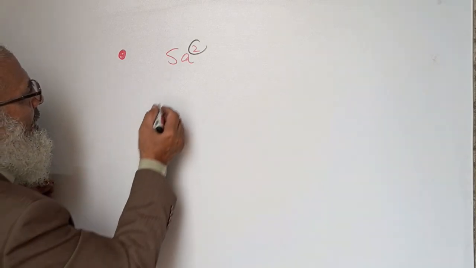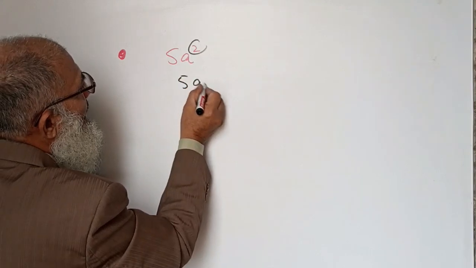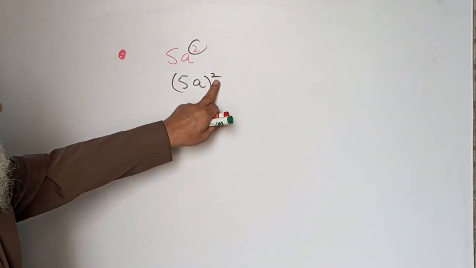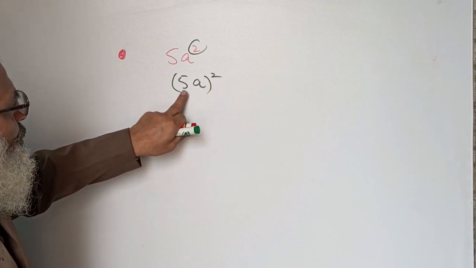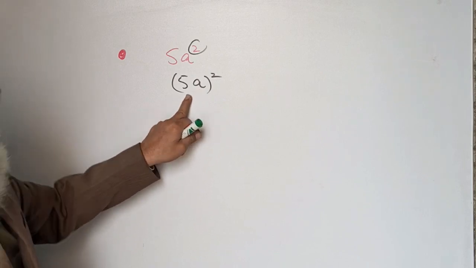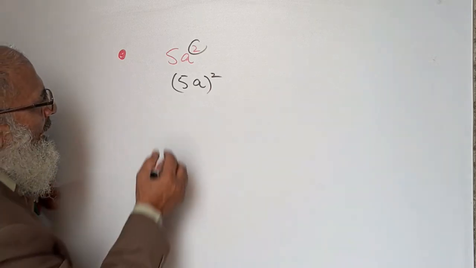Yes, if it is written in between the brackets like this, (5a) square, then this square is applied to both the variable and the coefficient.